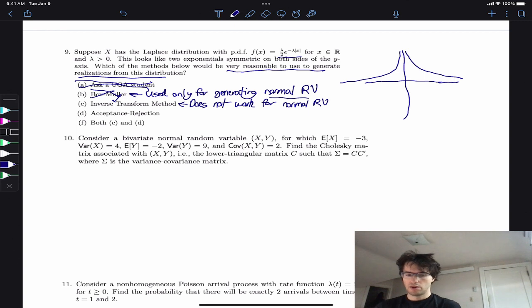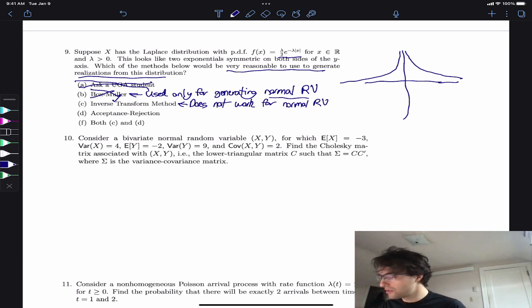acceptance rejection. Acceptance rejection is a way of generating realizations from a distribution if the PDF is particularly complicated.